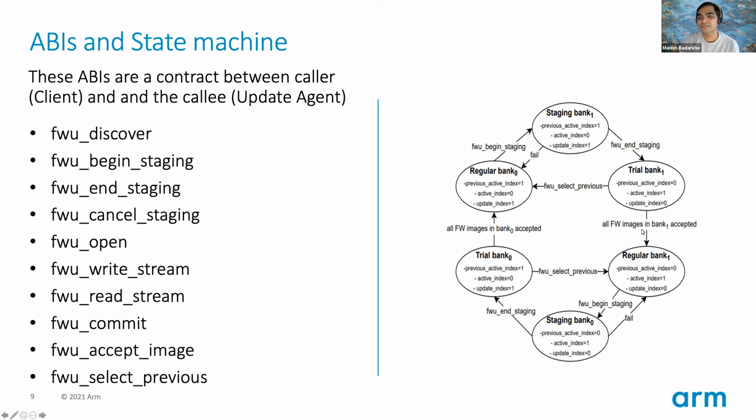Once this accepted flag becomes 1 and reboot happens, then TFA will do the normal NV counter update if the NV counter value present in the certificate is higher than the value present in the platform NV counter.